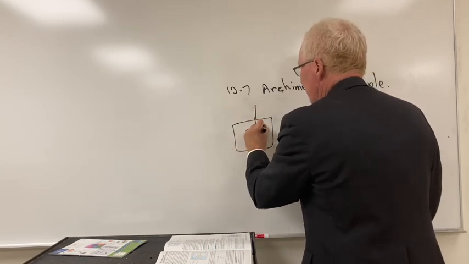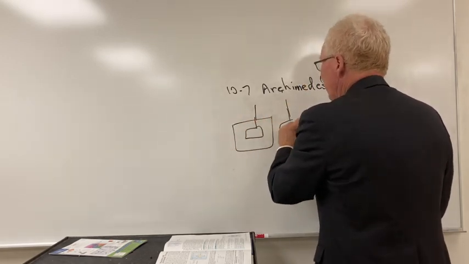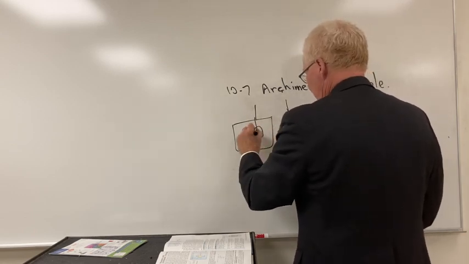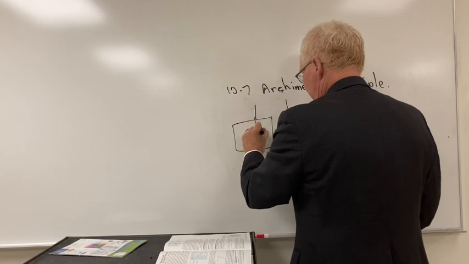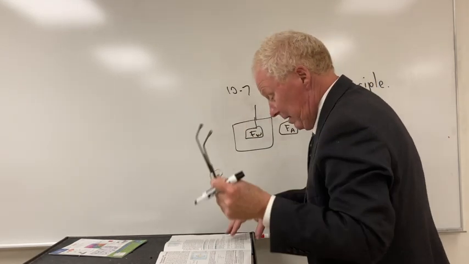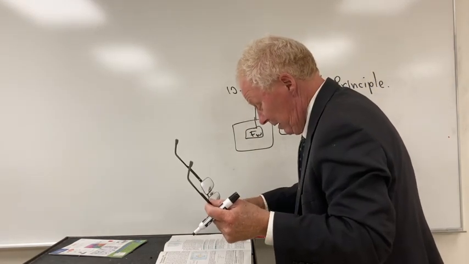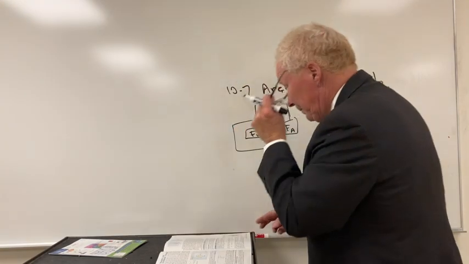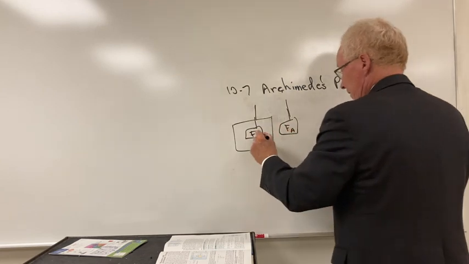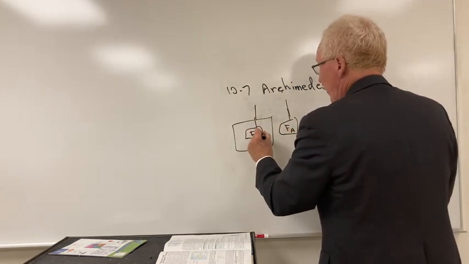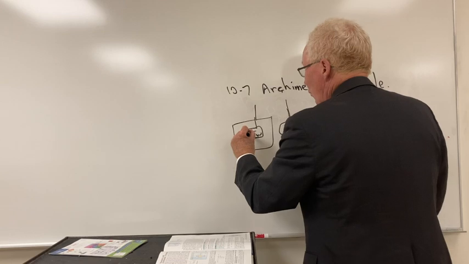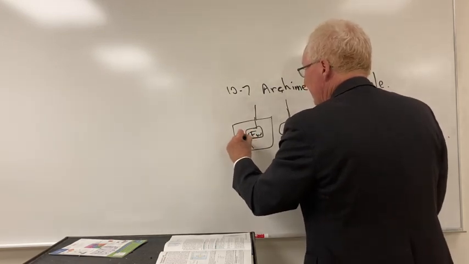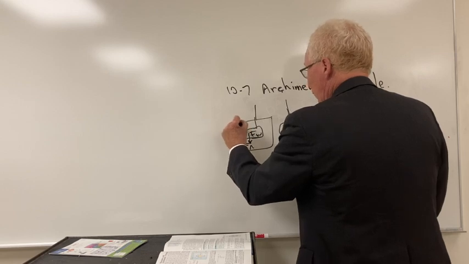So, all right, again, force in air, we'll call that force weight in water. And based on Archimedes' Principle, you have this weight in water is the weight in air minus the buoyant force.